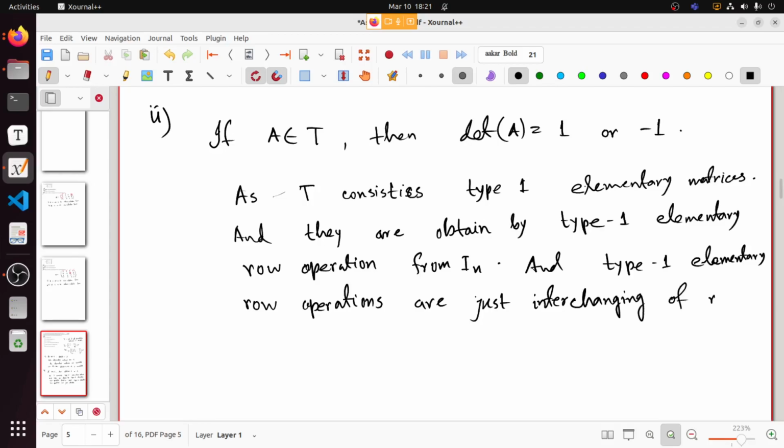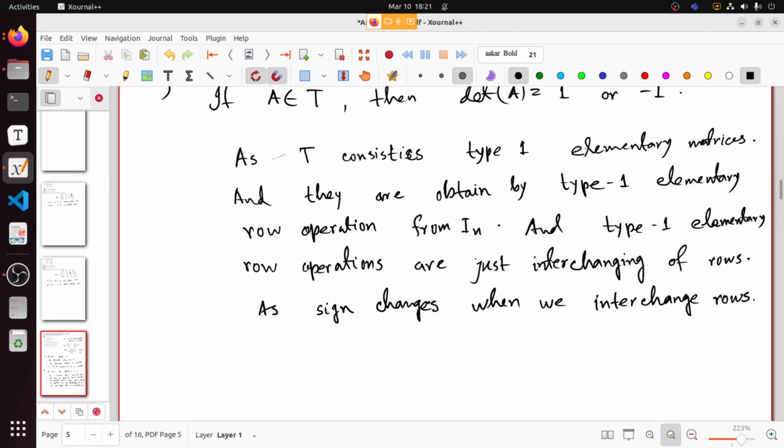Interchanging of rows changes the sign of the determinant. So the identity is there, meaning the determinant of the identity, you know.